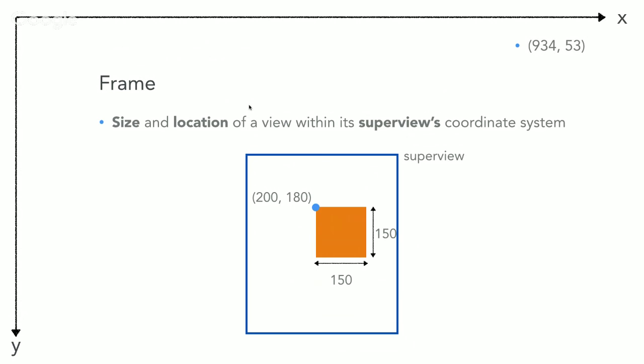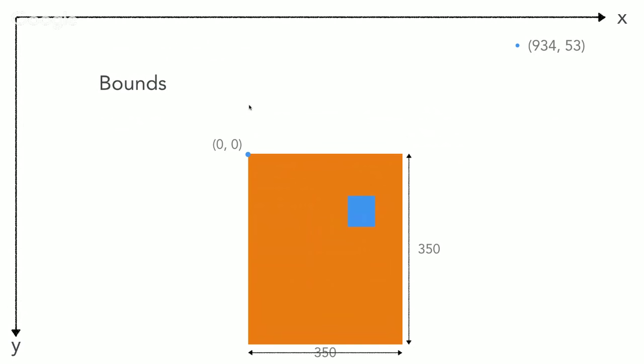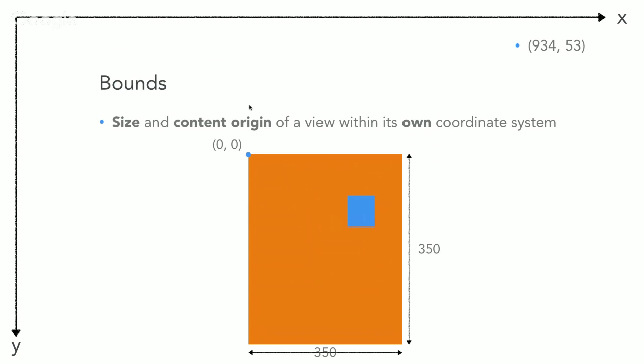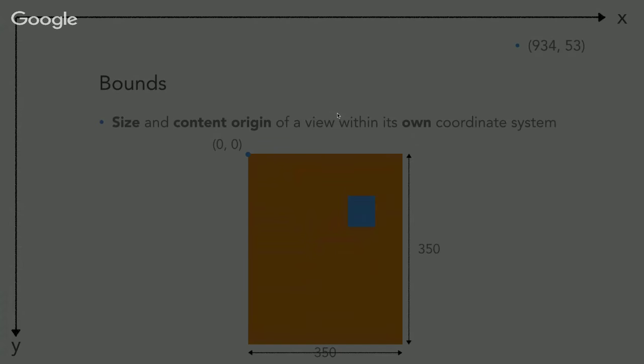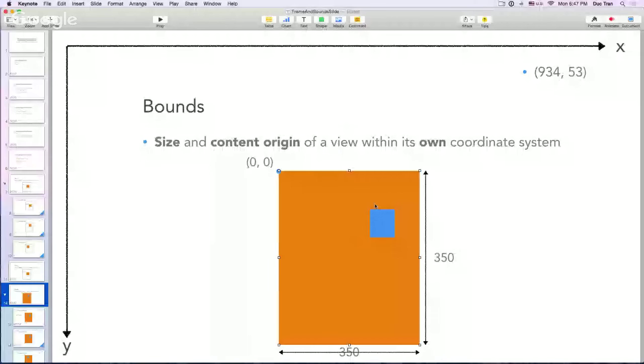The bounds is the size and the content origin, or the location, of a view within its own coordinate system. It doesn't care about the superview. It doesn't care about all the views within it or anything else outside of that. It cares about its own coordinate system. So in this case, this orange view has the size 350 by 350.